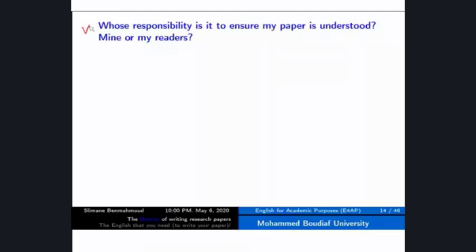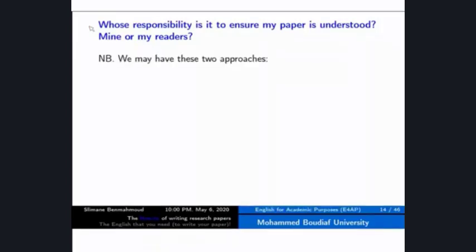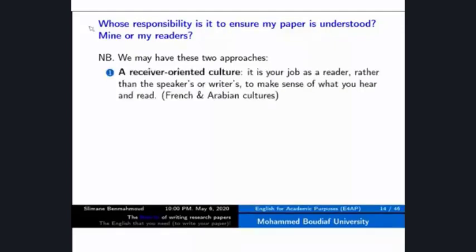Let's answer this. Actually, you may agree or disagree with me on this, but I see it this way. It depends on the culture you belong to. I'm going to explain this on the screen. I see it as two approaches. The first one is a receiver-oriented culture.